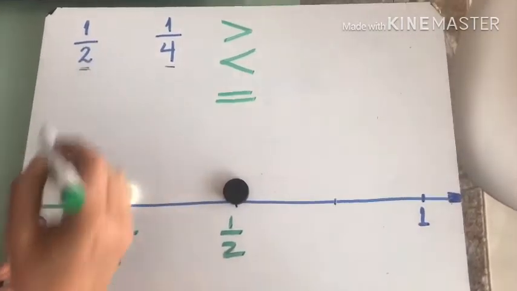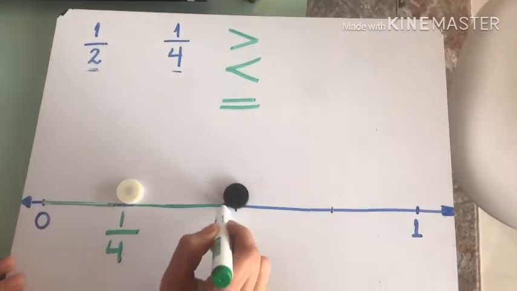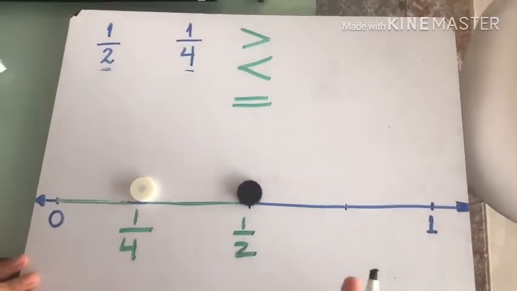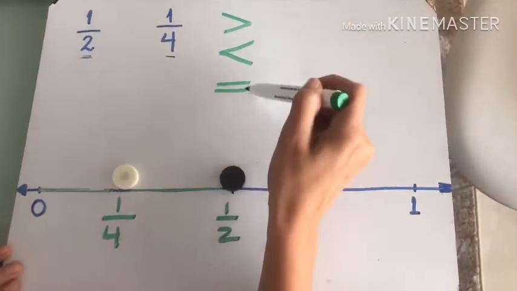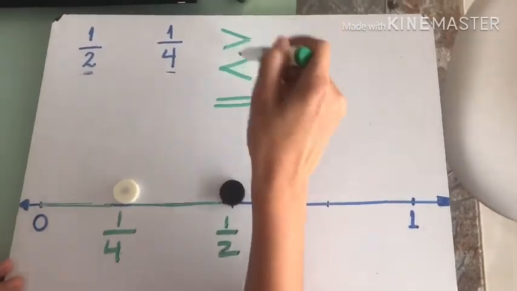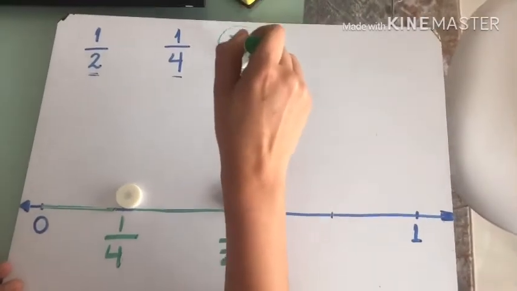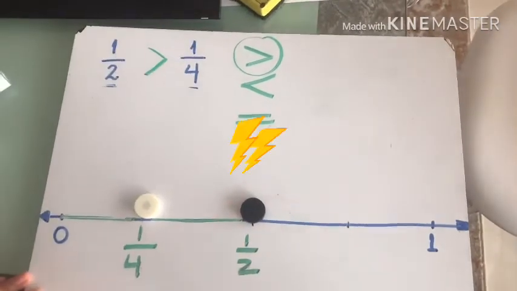But if I check on my 1/2, it goes all the way here and it goes all the way here. So which one is bigger? Which one is greater? I think for me it's the 1/2. So which one of these would I use? Greater than, less than, or equal? Correct. I will use this one because 1/2 is greater than 1/4.